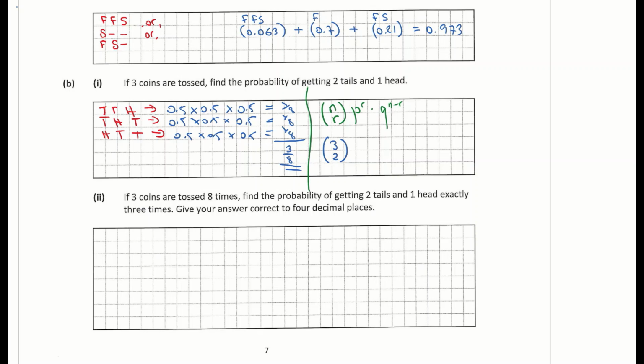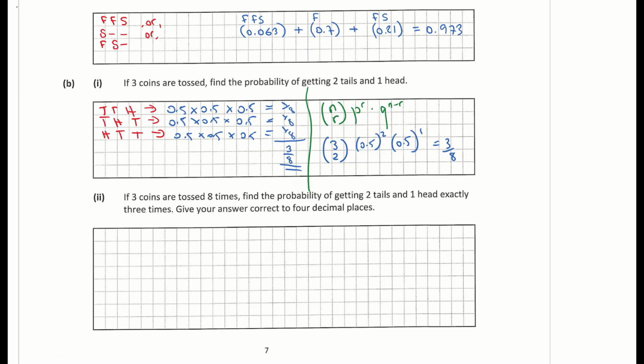The probability of success, that's getting a tail, that's a half, 0.5, to the power of r, which is my 2, because I want it to happen twice. And failure then is my head, 0.5, to the power of n minus r, which is 3 take 2, which is 1. So that's my 1 head. And when I type that on my calculator, I'm getting the same answer, 3 over 8.